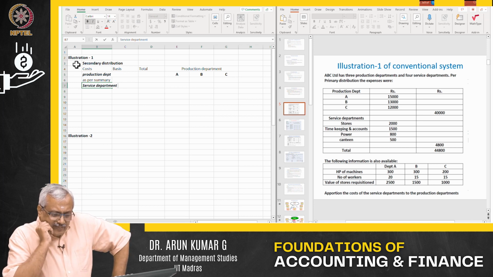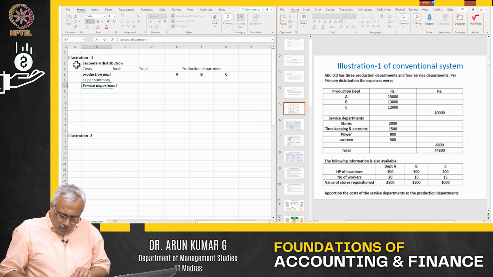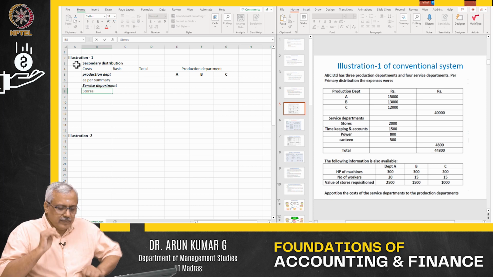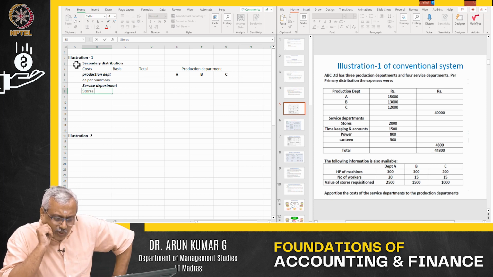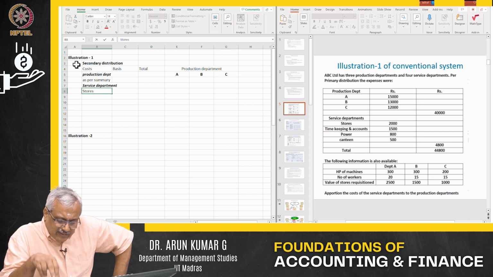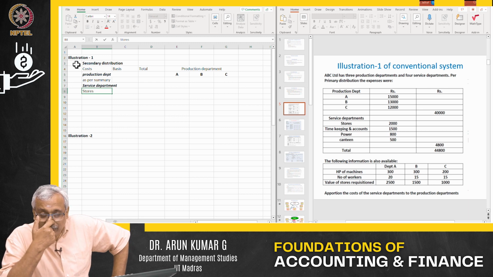Now, first I will start with the service department. Let us start with stores. The cost of the stores will be divided between these three departments. That is what I said, it is a secondary distribution that we are doing here, straight away.